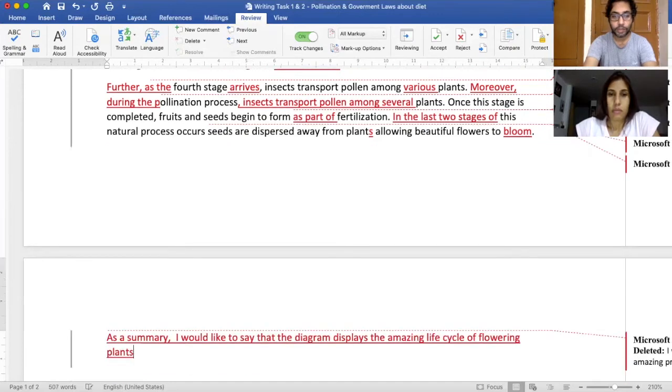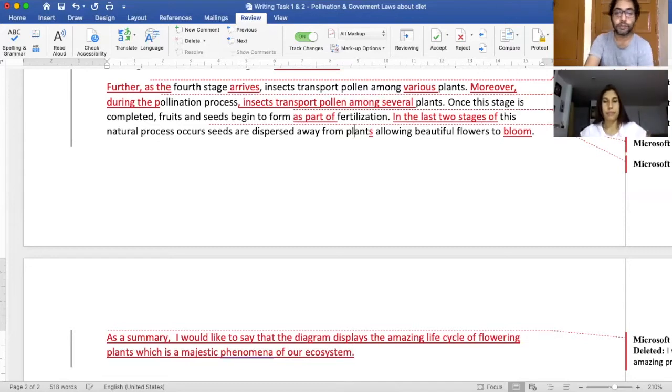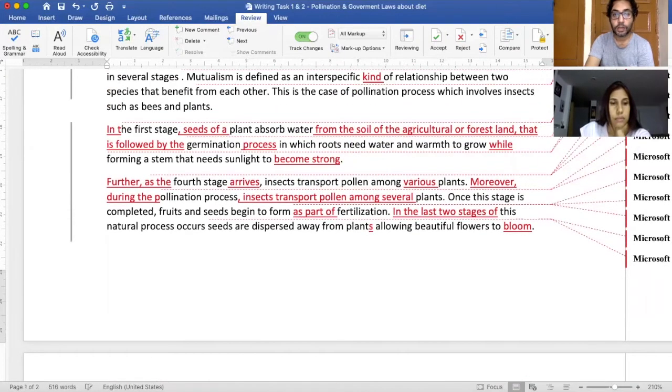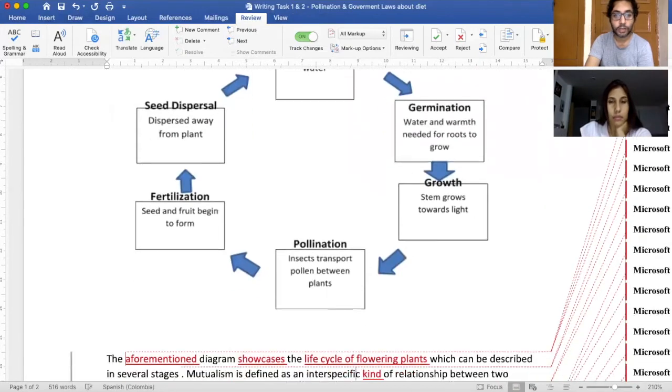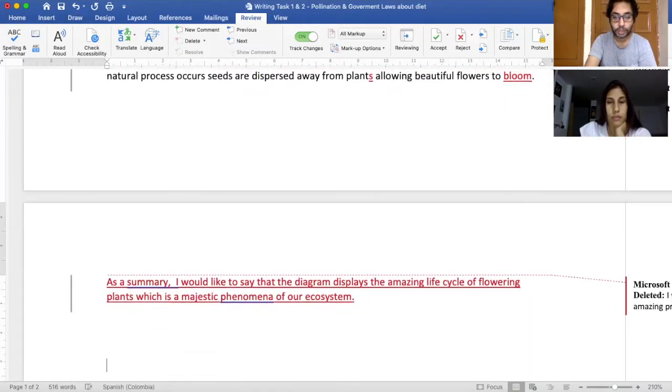Now here you can say which is a beautiful, which is a majestic phenomenon of our ecosystem. Okay, better. Writing needs some work. Not an issue.